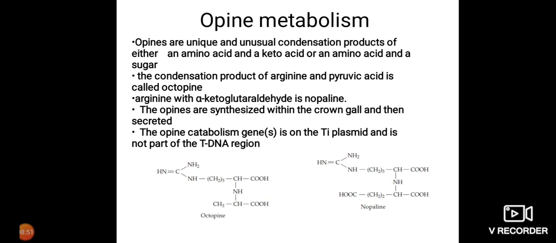These opines are a very important source of carbon and nitrogen for the bacteria, and they are synthesized within the crown gall and then secreted. The genes required for synthesizing opines are on the TA plasmid and are a part of the tDNA.